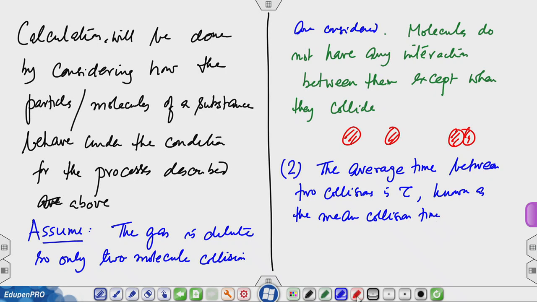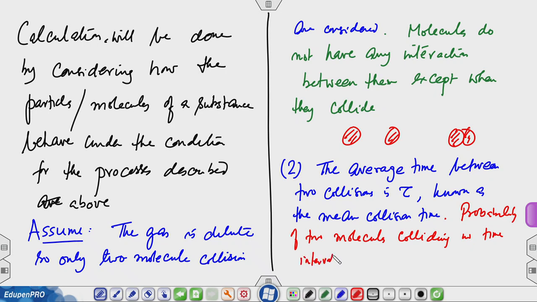And with this, the probability of two molecules colliding in time interval dt is dt over tau. You can actually derive this result considering all the probabilities and everything, but we are not doing it right now.